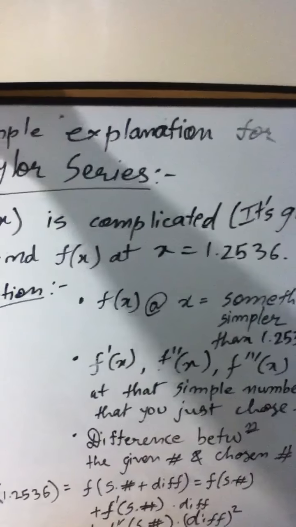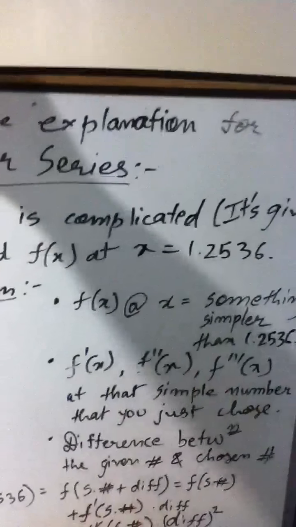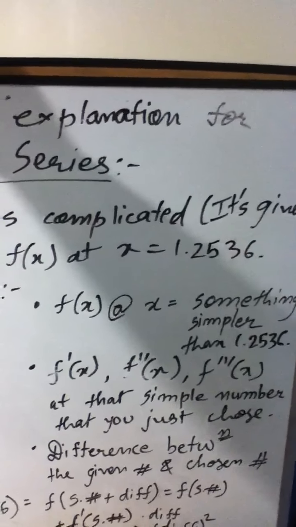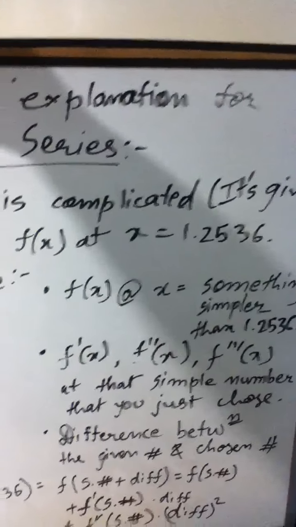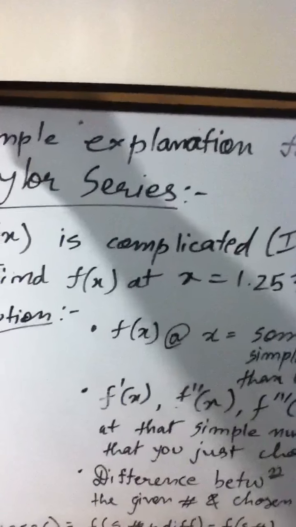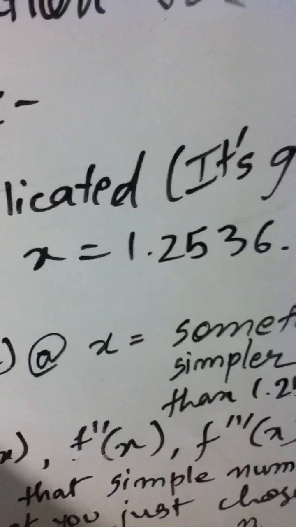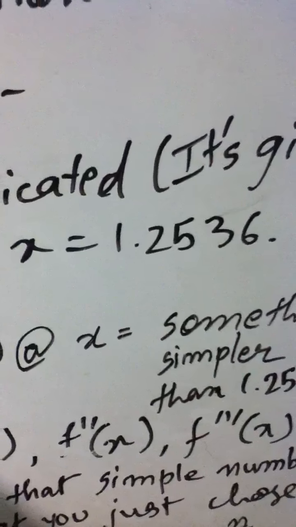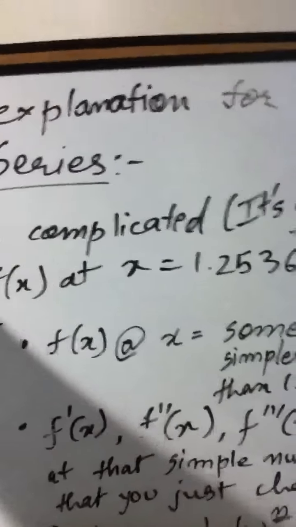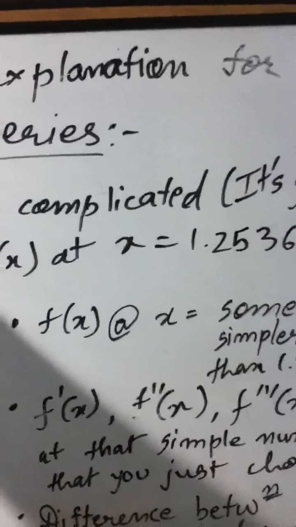Sometimes, for complicated functions, or even for simple functions, the values might not be that simple. Even if f(x) is a simple function like x squared, and you are supposed to find the value of this function at x equals 1.2536, it's going to be pretty hard. So you can use the Taylor series to approximate that value.